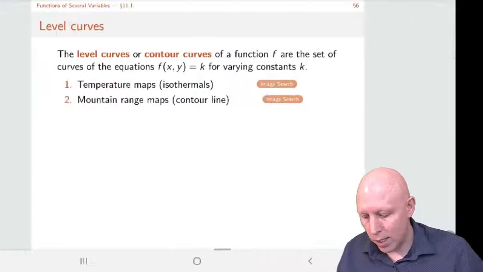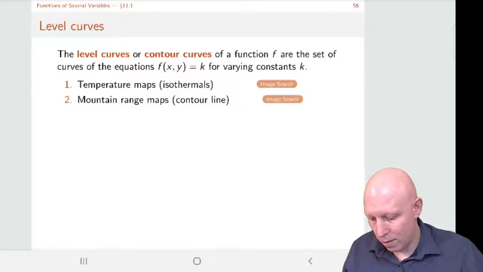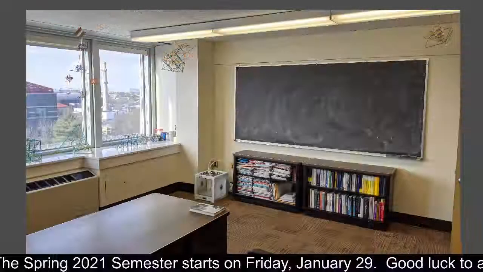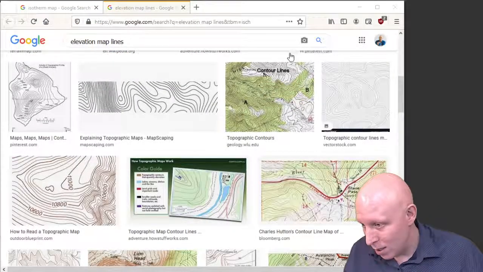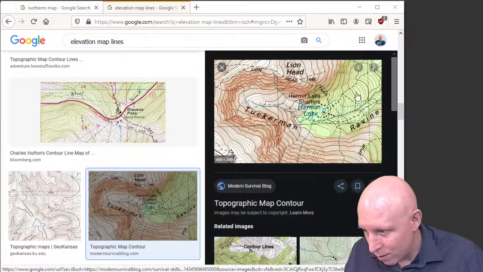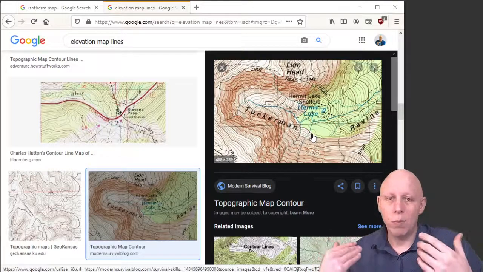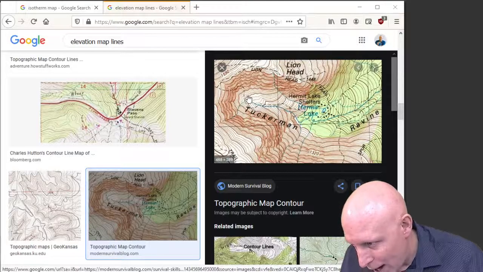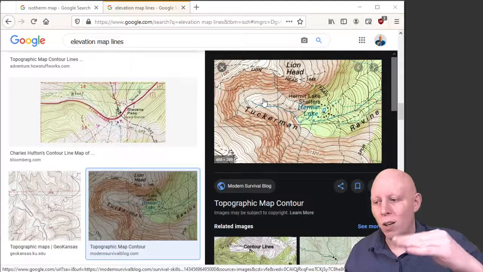Another example is a mountain range map. If you ever go hiking, you'll often see these elevation maps. If you're trying to understand what your hike will be like, you look at these lines and ask, what's the elevation along this path?